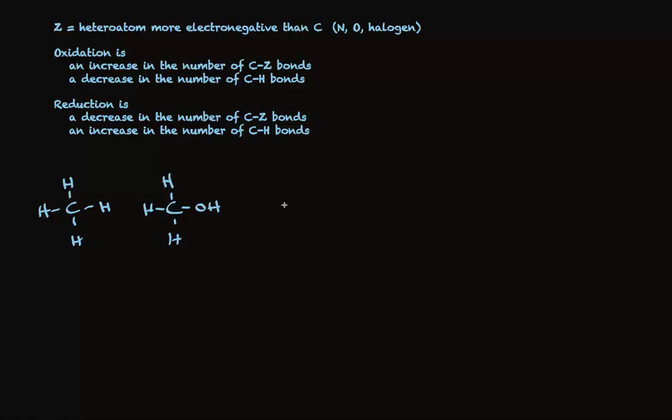If we go up another step, we're up another oxidation level. We can go another one. We are decreasing the CH bonds at the same time that we're increasing the CZ bonds. And this is a higher oxidation level.